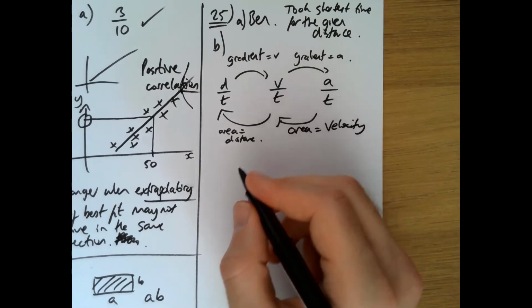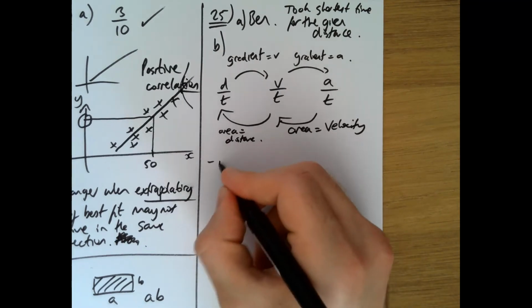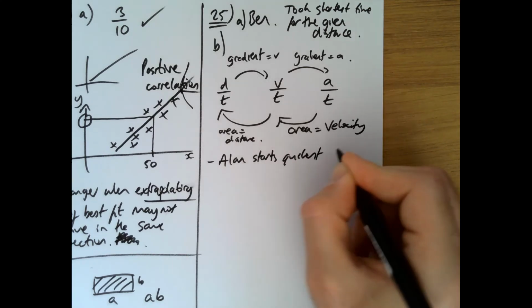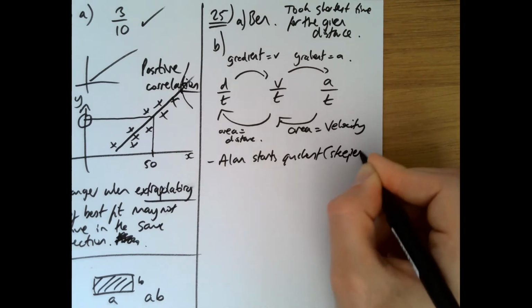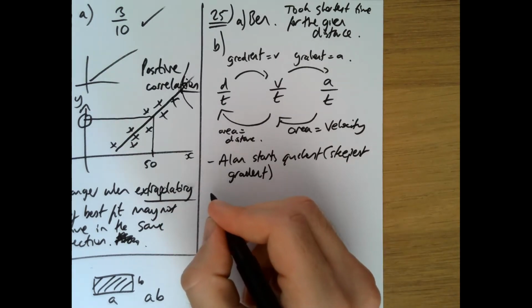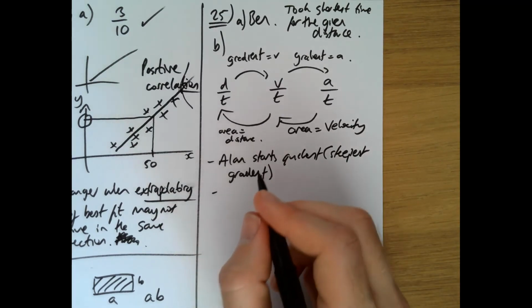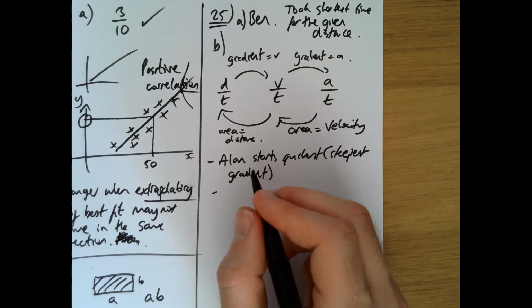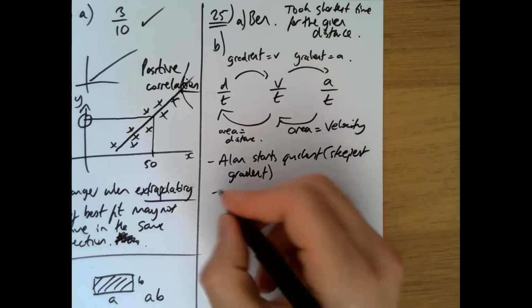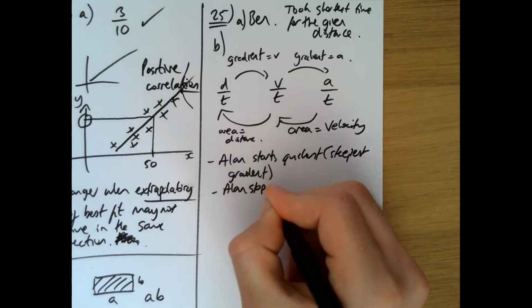So who starts the quickest? Well, Alan starts quickest, brackets, steepest gradient. He then stops, because you see his graph goes horizontal, which means his distance isn't changing, but time obviously carries on. So Alan then stops.